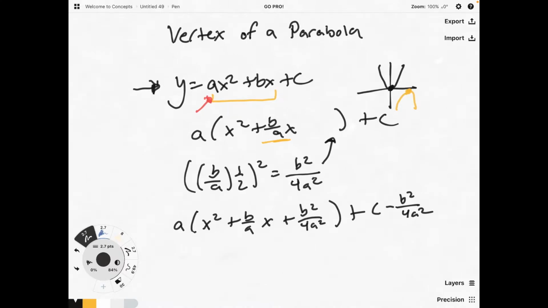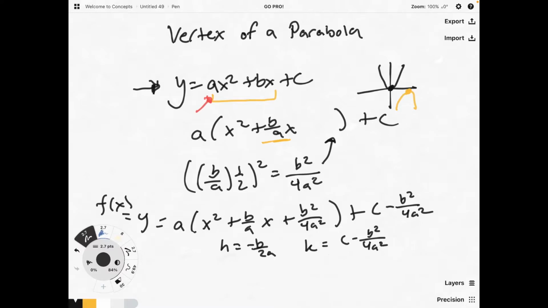Now that we've completed the square and have moved everything to the right-hand side so that this is still equal to y, or our function f of x, what mathematicians have done to simplify the problem is make it so that h is equal to negative b over 2a, and that k is equal to c minus b squared over 4a.